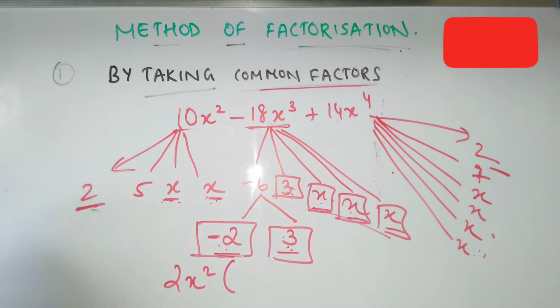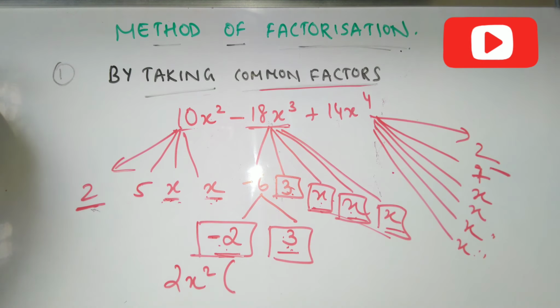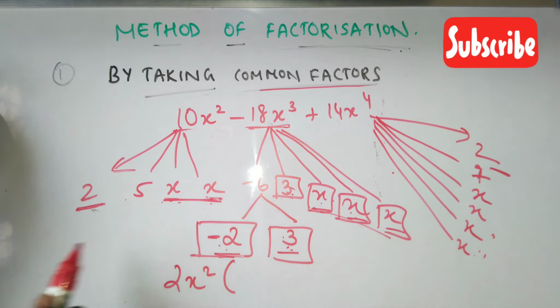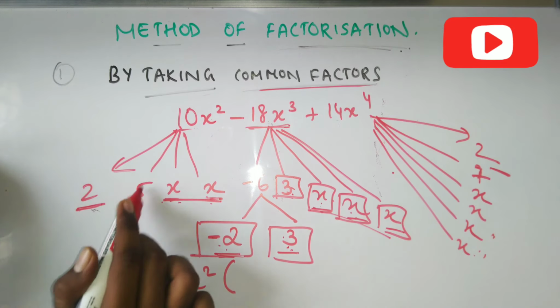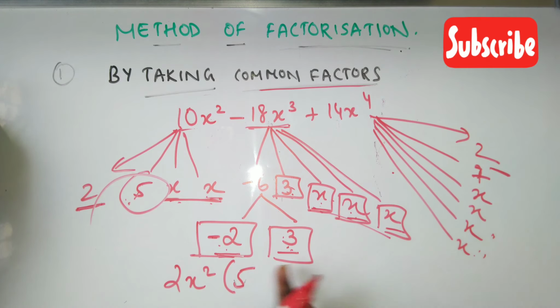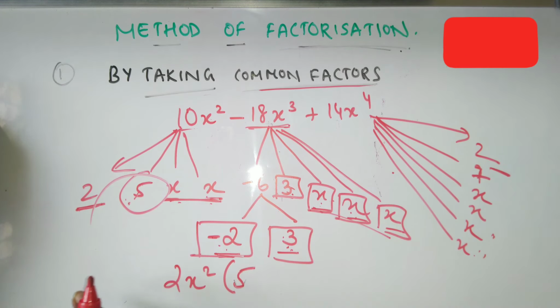What is remaining? I have taken 2x square common, so this part is gone, this part is gone. What is remaining? 5 is remaining, right? Now in the second term, 2 has gone and the two x's are also gone.